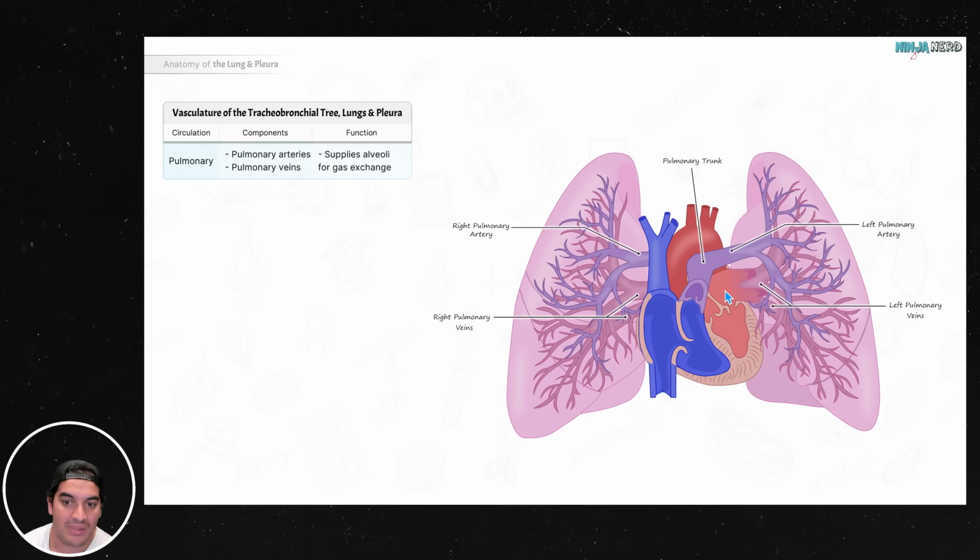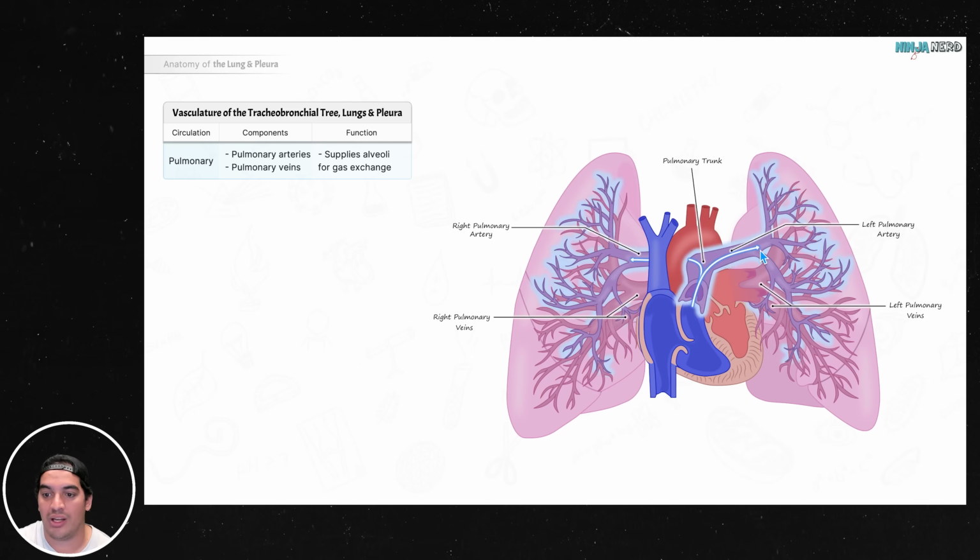Sometimes you'll be asked, take me as if I were a red blood cell from the right atrium to the lungs and back to the heart. Let's pretend we're going to do that for a second, right? Blood comes from the superior vena cava and inferior vena cava into the right atrium. From the right atrium, it then moves across what valve? The tricuspid valve, into the right ventricle. The right ventricle then moves into the pulmonary trunk.